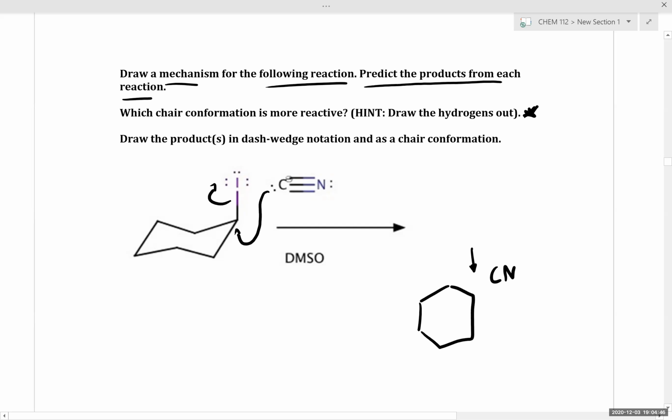How should I draw this bond if I'm respecting the stereochemical outcome of this reaction? So we have a student proposing it should be drawn with a dash. What does the rest of the class think? Would anyone like to share their proposed responses as well?